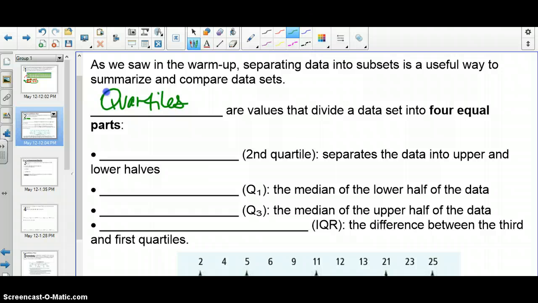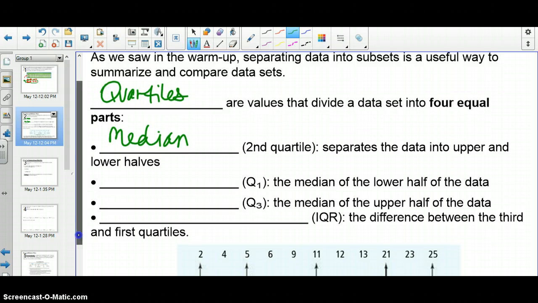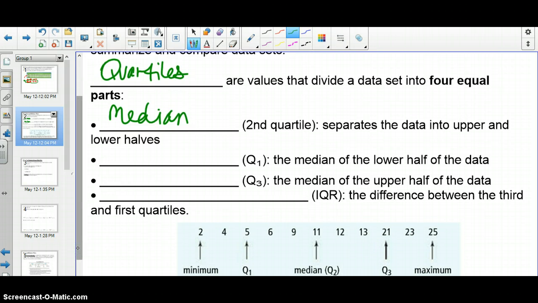One of the easiest ones to remember is the median. The median quartile is the second quartile, so one right in the middle. It separates the data into 2 halves, upper and lower. If you're thinking about the lower half of the data, quartile 1, or the first quartile, is the median of the lower half of the data.